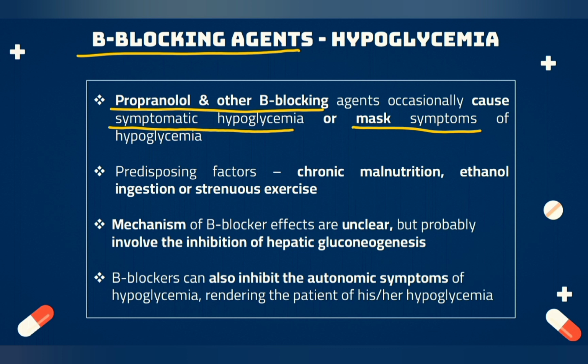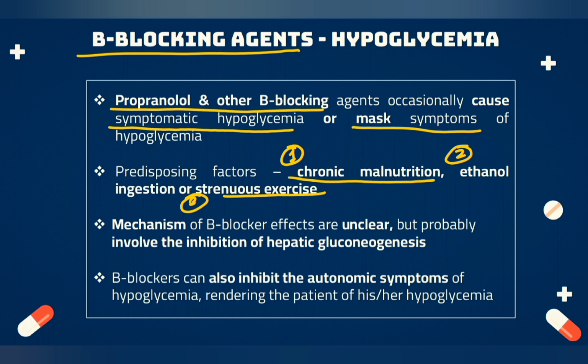There are certain conditions in which hypoglycemia is very common with beta blockers: if the person is in a chronic malnutrition-like condition, if the person consumes ethanol or alcohol before or during consumption of the beta blocker, or if the person does strenuous exercise.